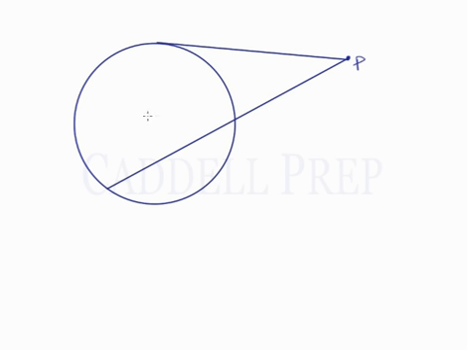Still, we have a large arc which we'll say is x degrees, and a smaller arc which we'll say is y degrees.